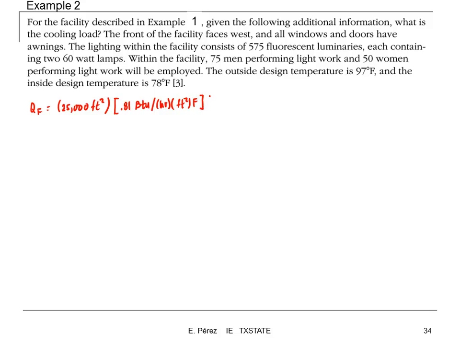And now you have to remember, now the temperature is different. For the first example, we were looking at a difference between 70 and 0. Now we have 97 degrees outside and 78 inside. So our temperature difference now is 97 Fahrenheit minus 78 Fahrenheit. And this number equals 3.85 times 10 to the power of 5 BTU per hour.